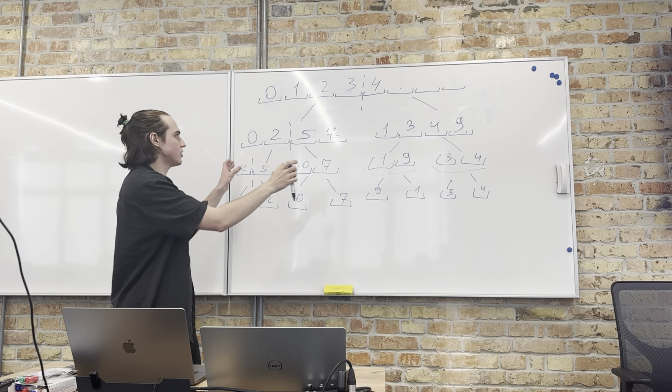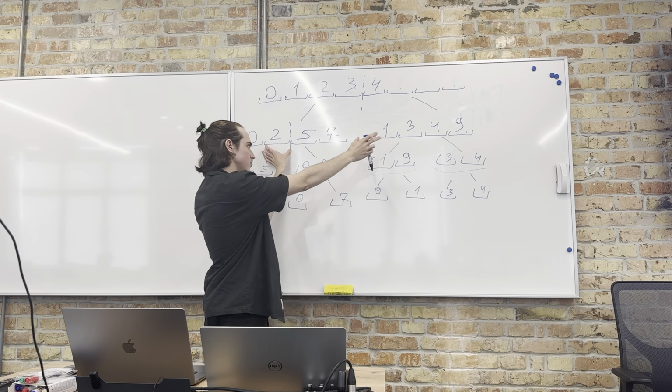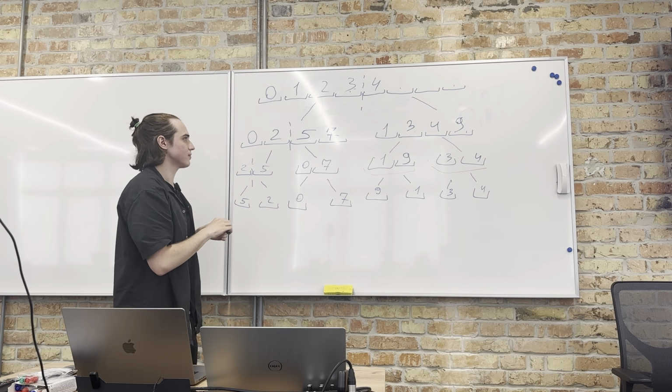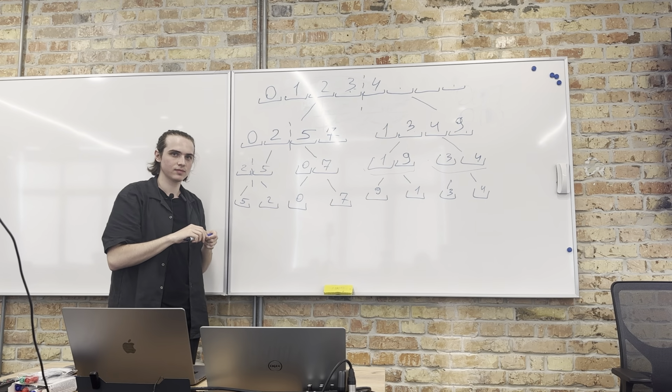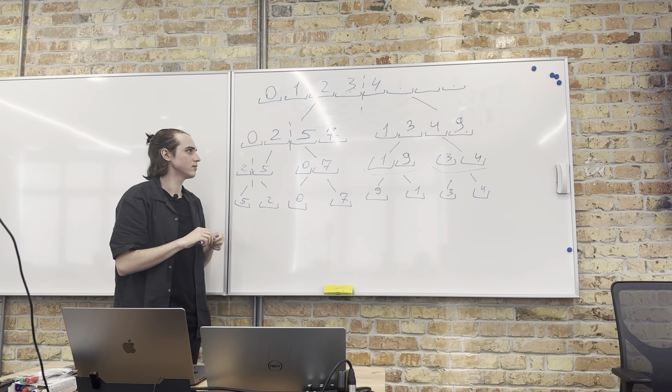So you already compared elements from this and this one, and why do you need to compare 5 and 7? Because the 5 is less than 7. Yeah, but we already have... So we're writing 5 and comparing 8 with 7.